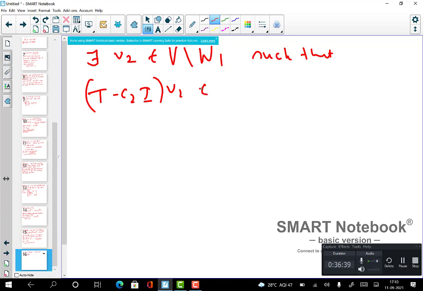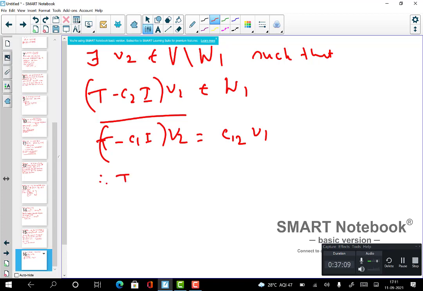That means this quantity is a multiple of v1. So (T minus c2 I) of v2 will be some constant, I don't care what the constant is, say c12, times v1.